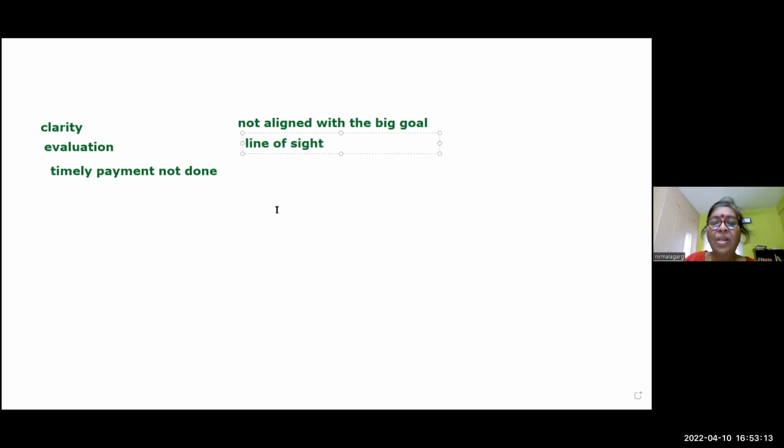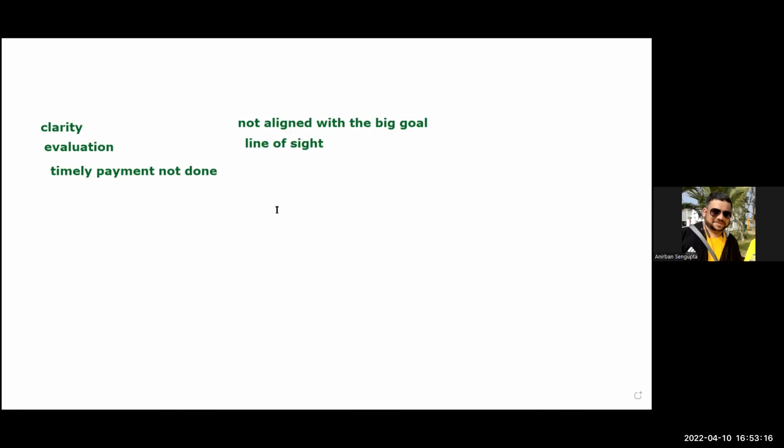Have you heard this? Line of sight? I'm sure everybody has. If I'm working as a senior manager, personnel administration, or as a deputy manager, HR, I need to connect what I do with the line of sight, meaning what I do with the big picture, with the business objective.